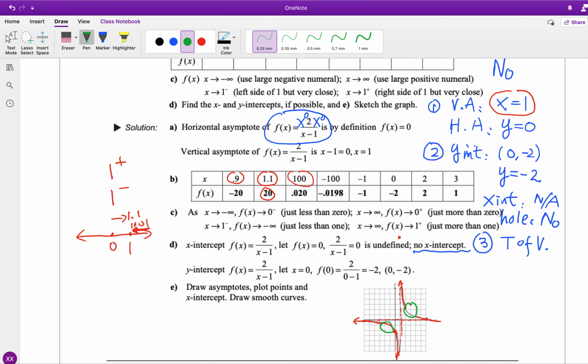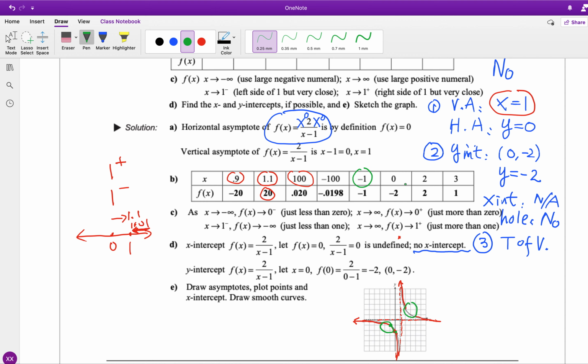But how about we give a couple of values here? So we can choose another value. When x equals negative 1, if you have a 1, I give a negative 1. And negative 1 is over here. This point is important, because now you have this point and you have this y-intercept, you can know the curve is like this.